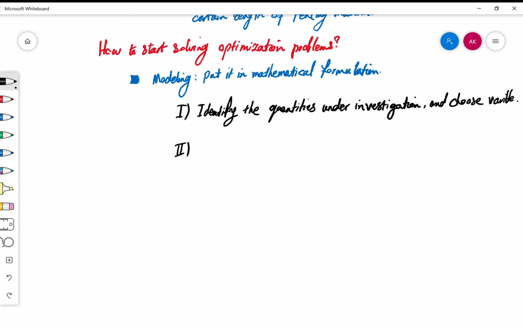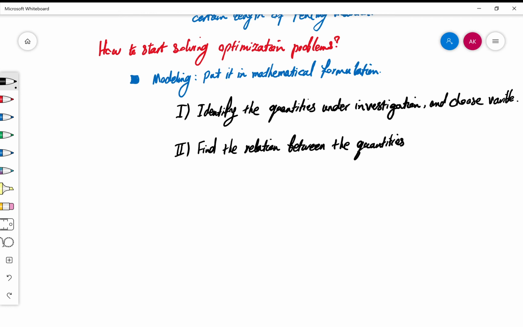The second thing is to find the relation between the quantities. For example, for length and width, you know that if you multiply them, you get the area. Or if you add them and multiply by 2, you get the circumference.